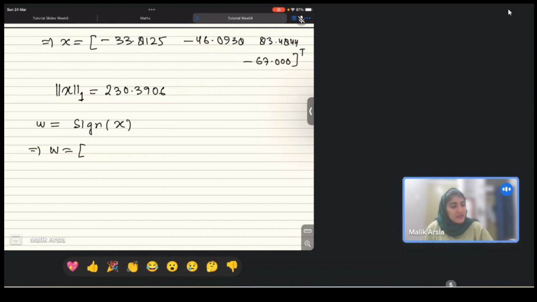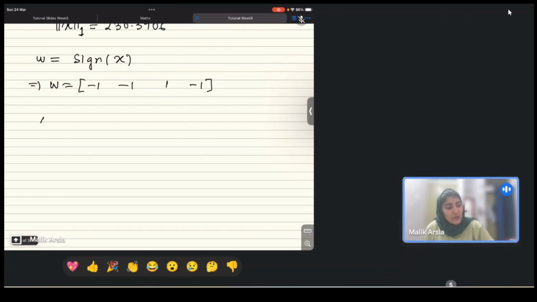Here it's minus 33, so the first entry will be minus 1. It's minus 46 point something, so it will be minus 1. The third one is a positive entry, so it will be 1, and the last one will be minus 1. Correct?